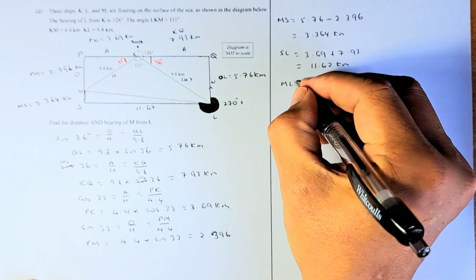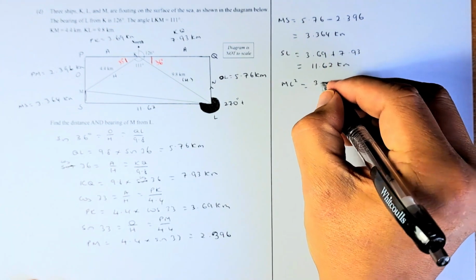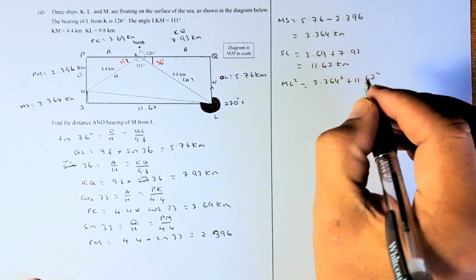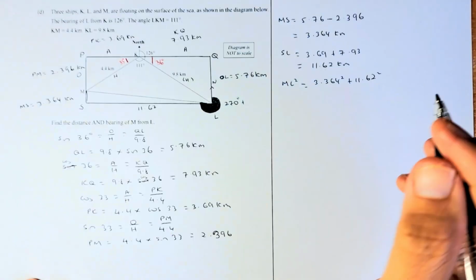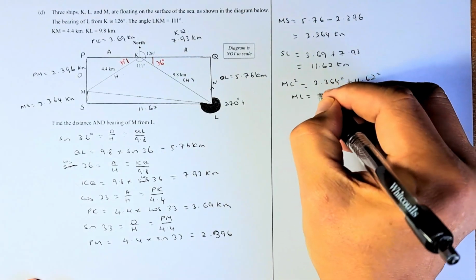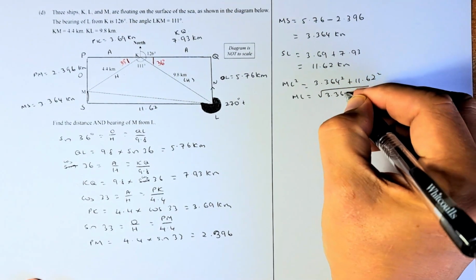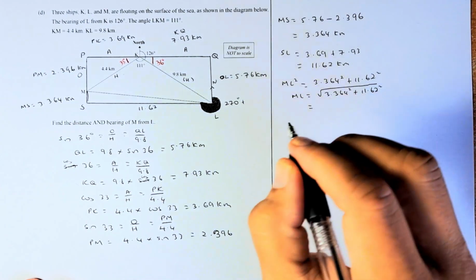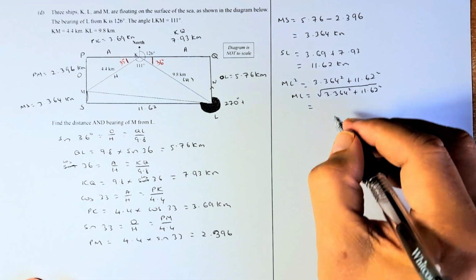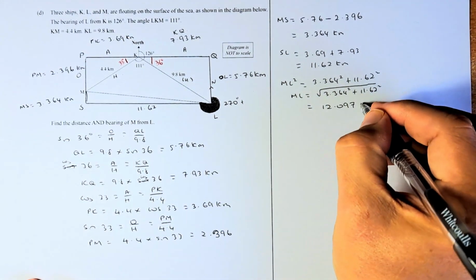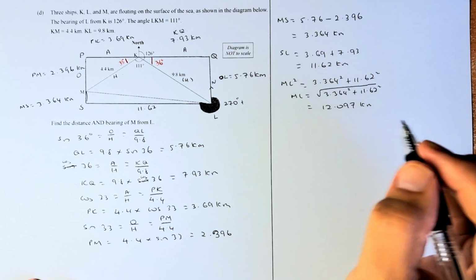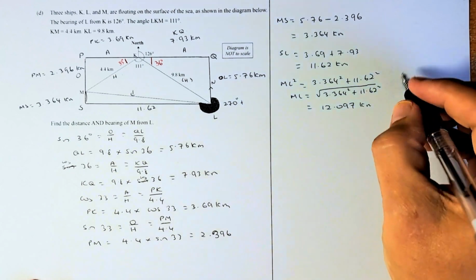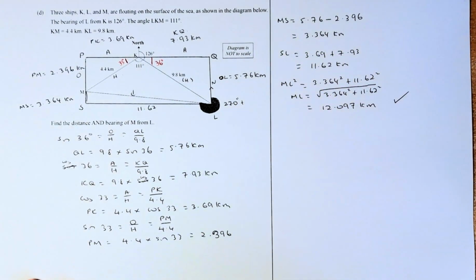ML squared equals 3.364 squared plus 11.62 squared. ML is the square root of that, which is 12.097 km. That is the distance ML required, so that is one problem solved.